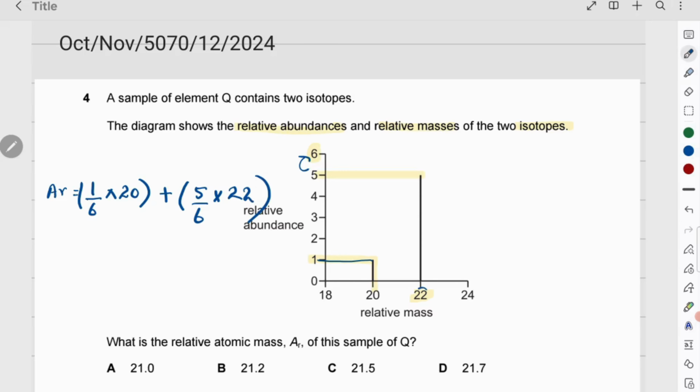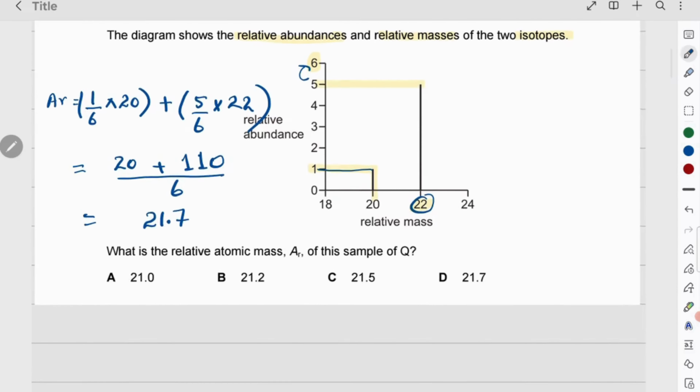This is the mass given at the position of relative abundance 5. If we calculate it, we get 20 plus 5 multiplied by 22, which is 110, divided by 6, and the answer will be 21.7. So the correct option for this answer is D.